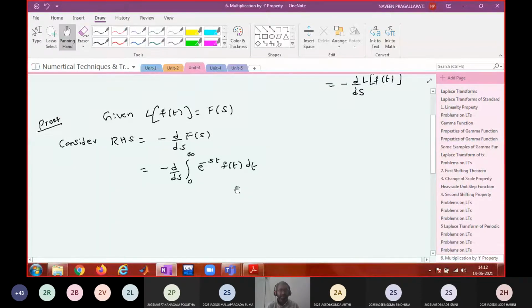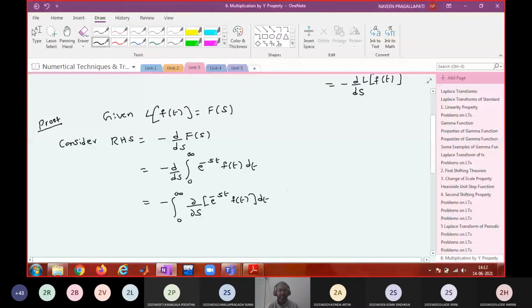See, when the outcome is a function of a single variable, that's why ordinary derivative is there. But when I take this derivative inside you see two things. One is s and the other one is t. So when I take that derivative inside, this d by ds becomes dou by dou s of e power minus st into f of t dt.